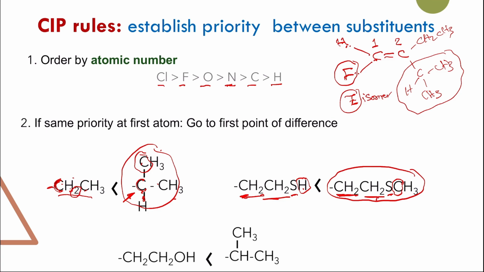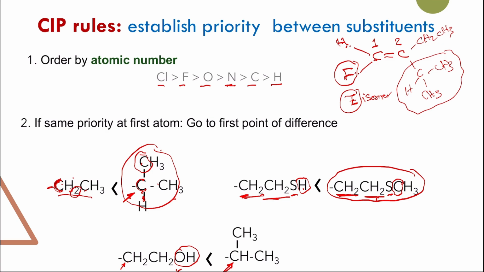Another example, if we have something like that, you might be tempted to say that this one takes priority because of the presence of the OH, but you are not following the rule here. We need to look at the first point of difference. So the first attachment here is carbon and carbon here.